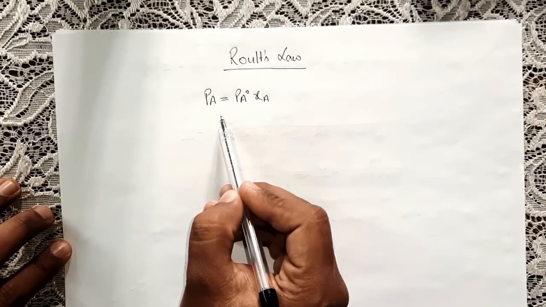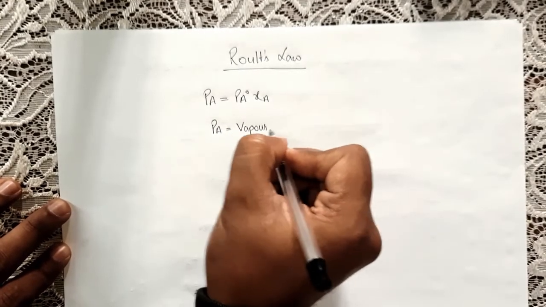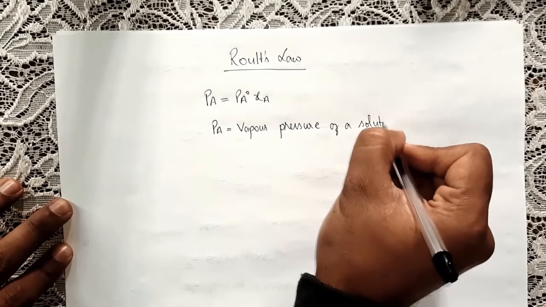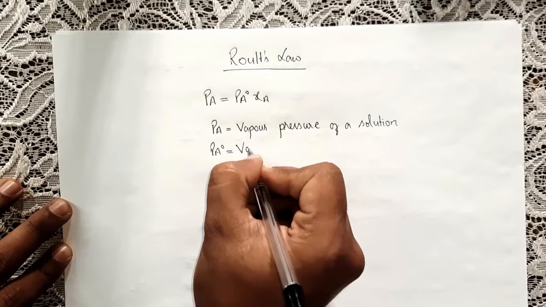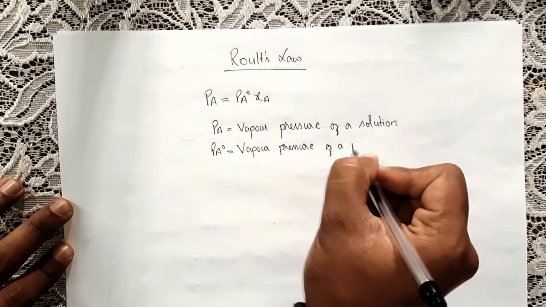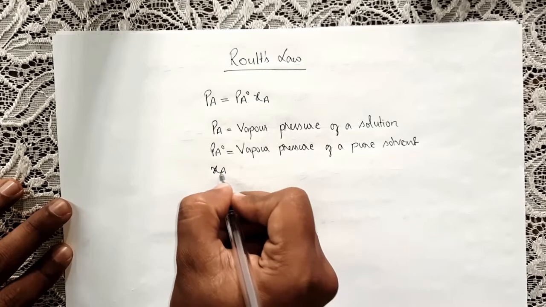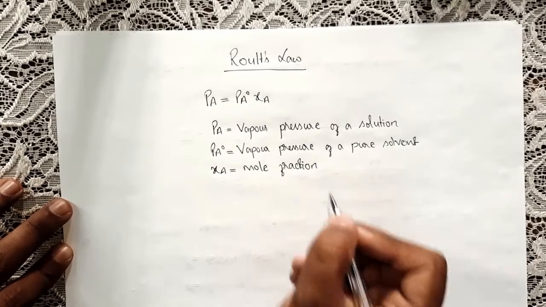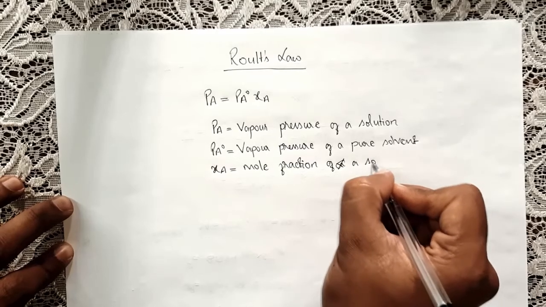So according to Raoult's law we have PA is equal to PA naught XA, where PA is the vapor pressure of a solution, PA naught is the vapor pressure of a pure solvent, and XA is the mole fraction of a solvent.